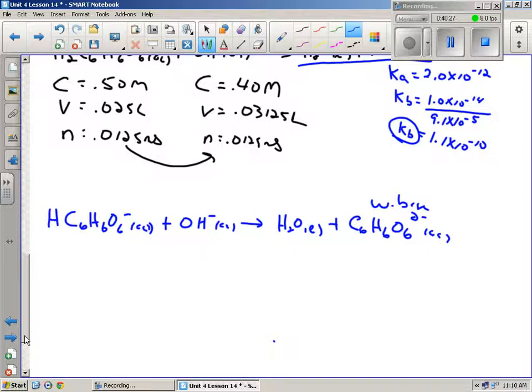What's the concentration when I start that second titration part? Because I do the first titration, and I use these numbers, 0.5 molar, 0.40 molar. But what's the concentration of HC6H6O6 minus? Think about that for a second.